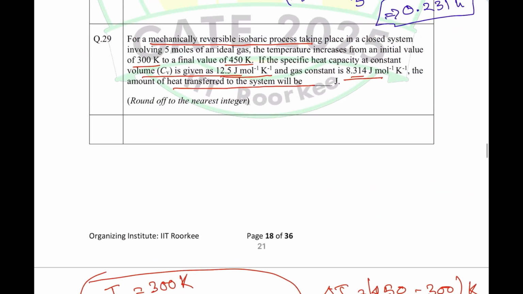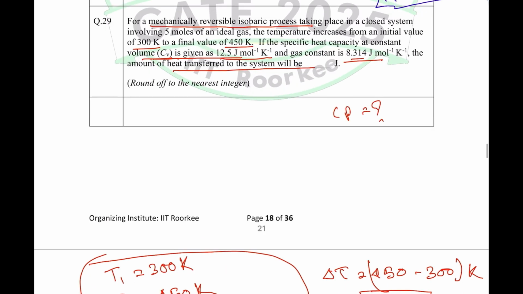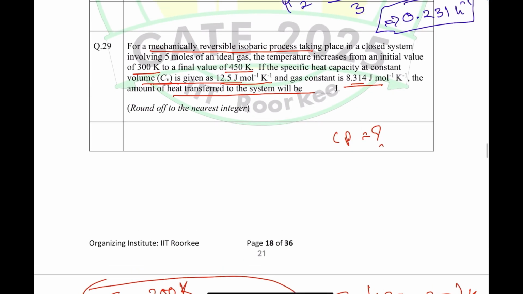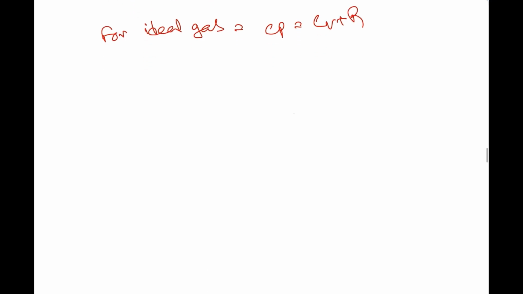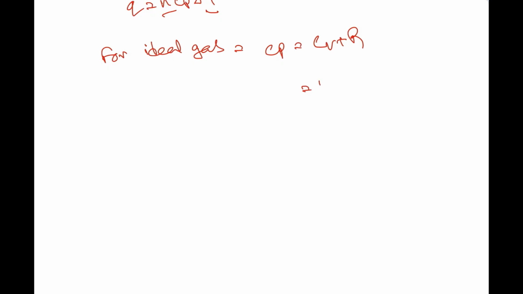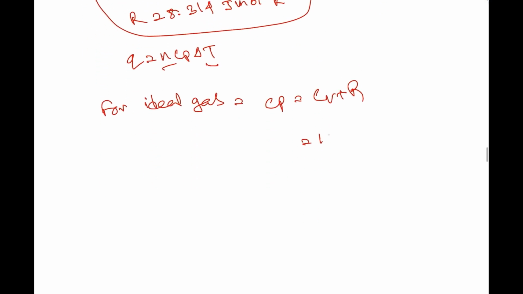So here Cv is given, but Cp is not given. It also says that this is an ideal gas, and for an ideal gas, Cp is equal to Cv plus R. From here you can calculate Cp, where Cv is given as 12.5 and R is given as 8.314.